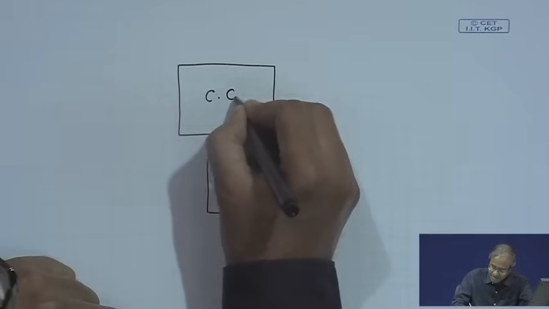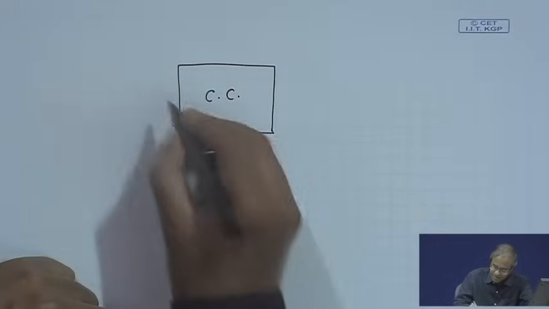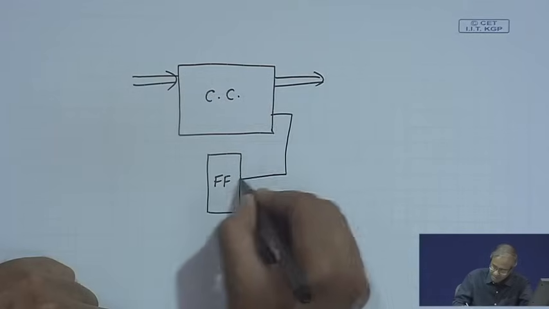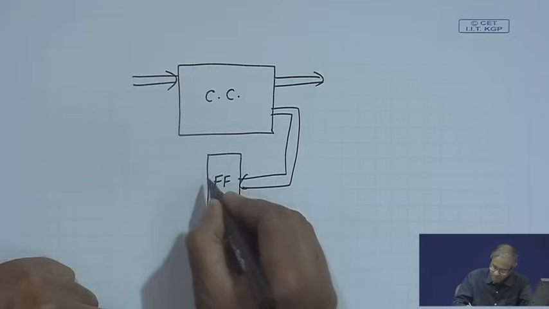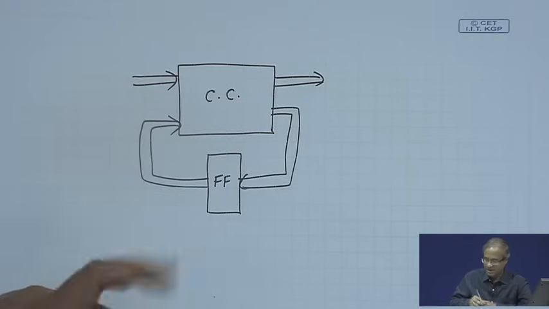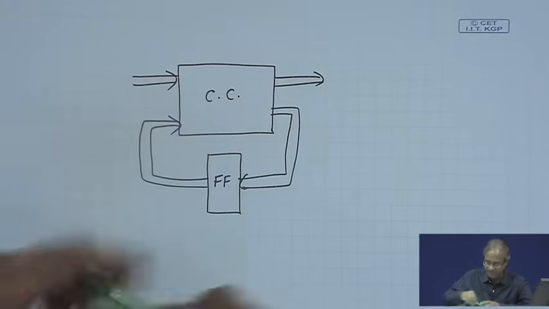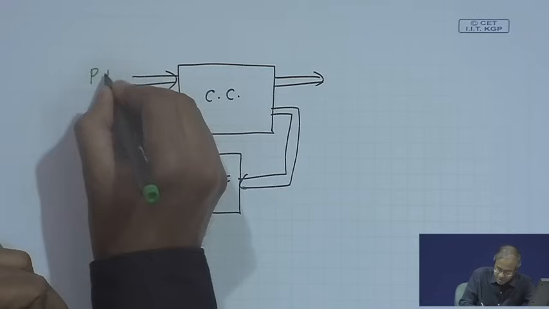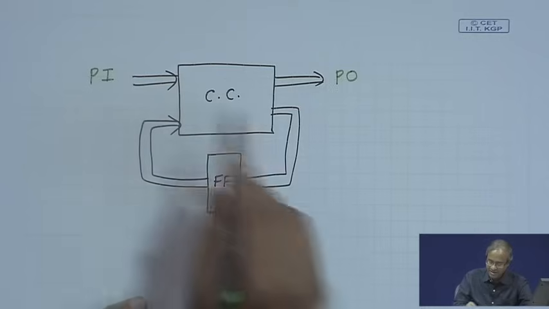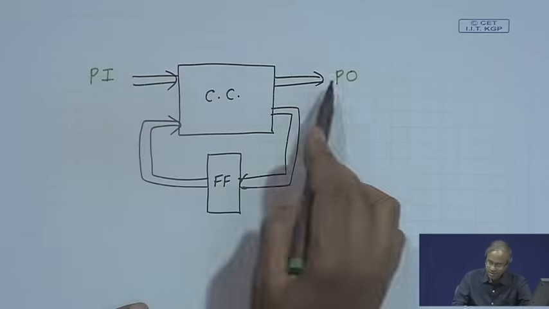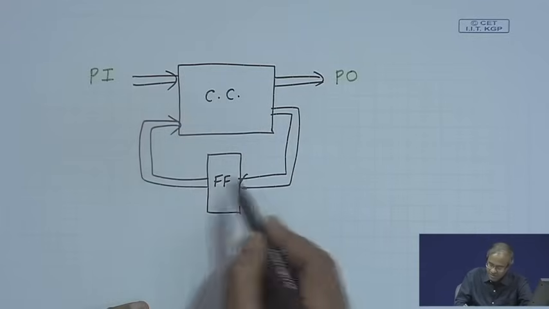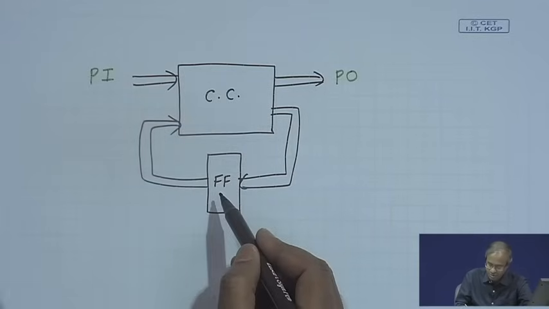This is the combinational circuit part, these are the flip flops, you have the inputs coming, outputs going, and some outputs are coming to the flip flop, something like this. Now, these are my primary inputs, these are my primary outputs. Normally, in classical sequential circuit testing, these are the only inputs and outputs I have. So, via this PI, we try to initialize the flip flops, that is why the problem becomes complex.